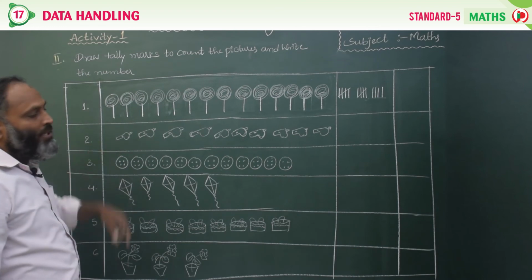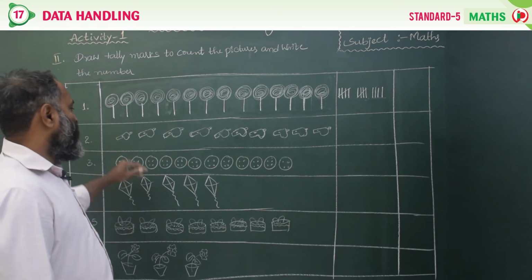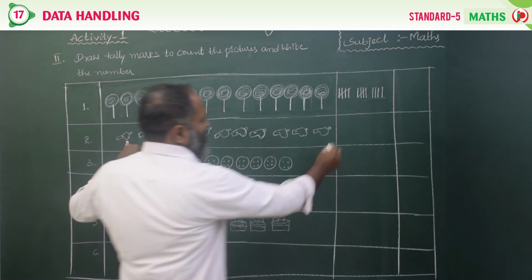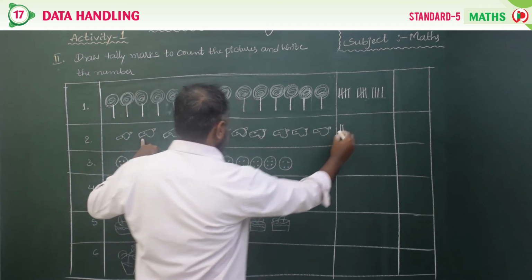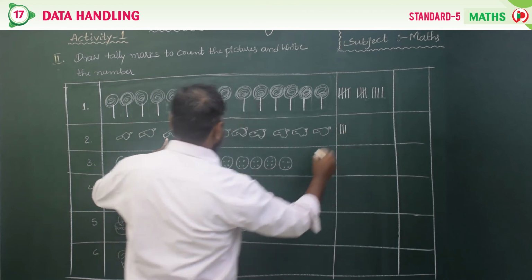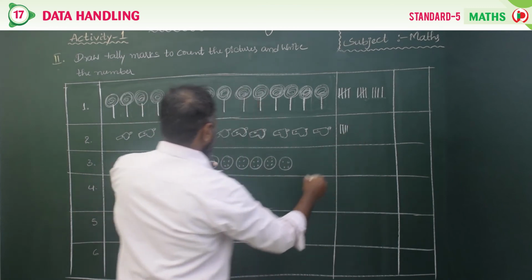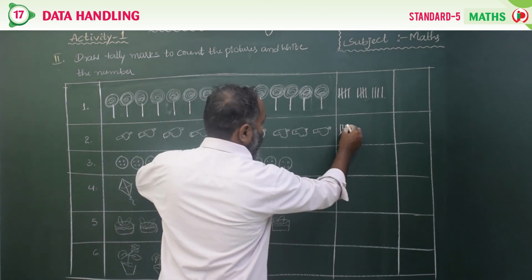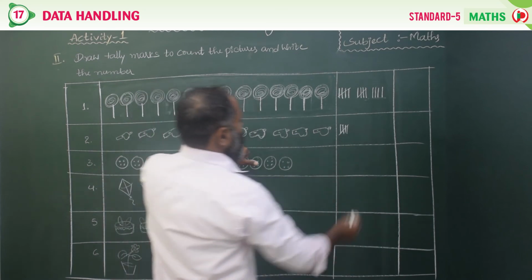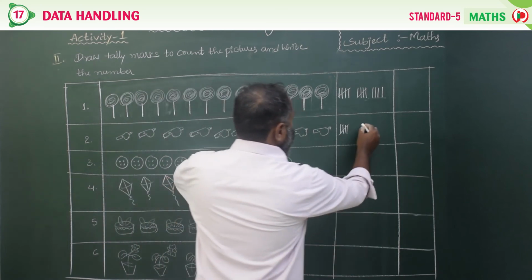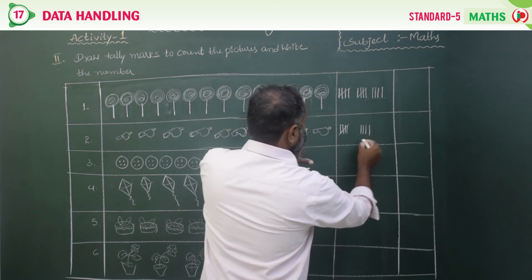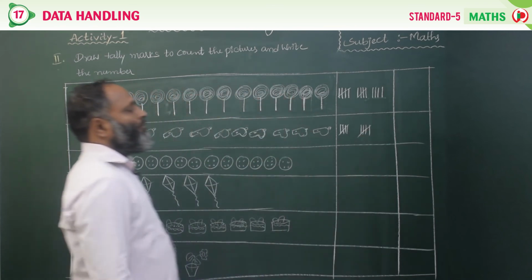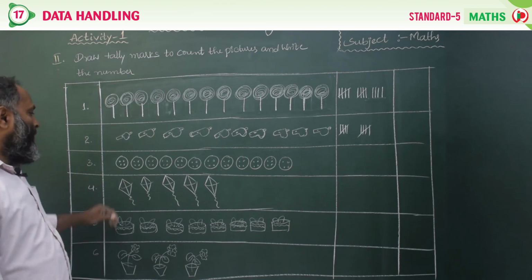Then whistles. How many whistles are given? First one, slanting line, 2, 3, 4 and 5th. Then after that 6, 7, 8, 9, 10. Then here buttons.